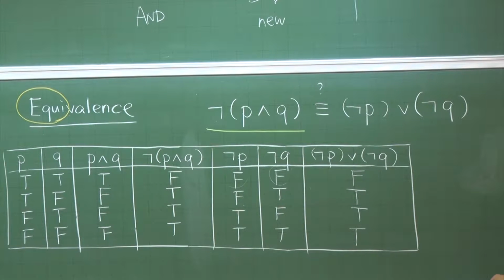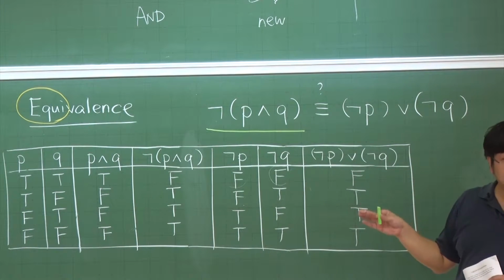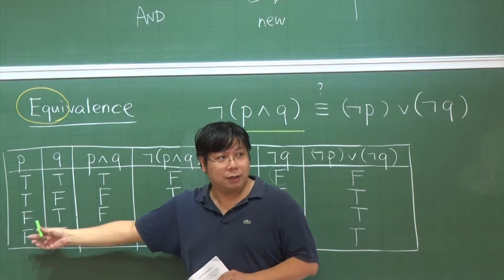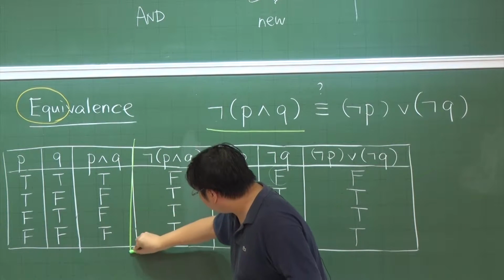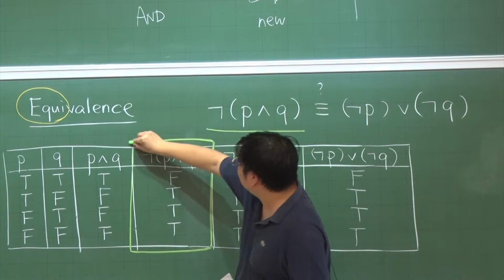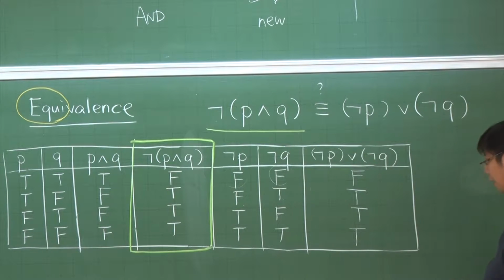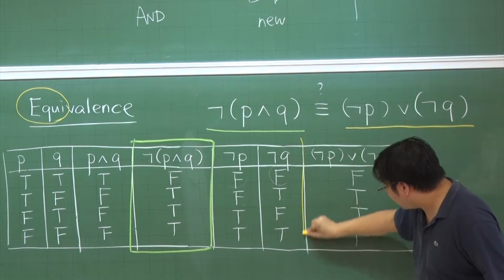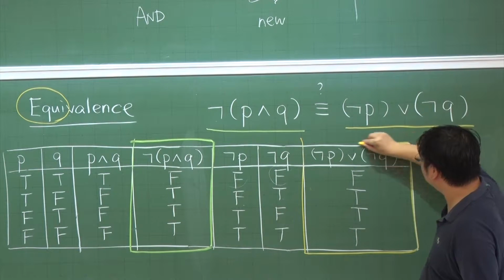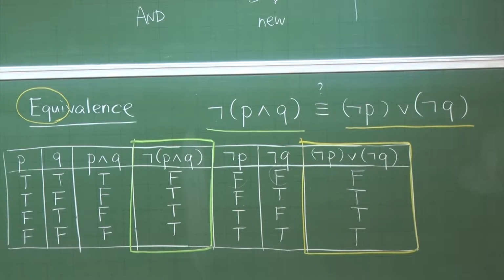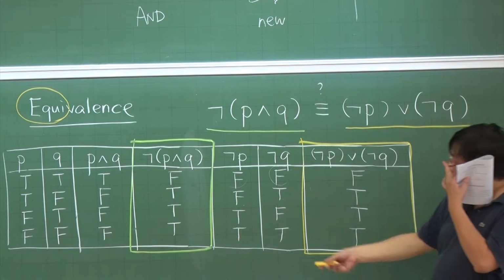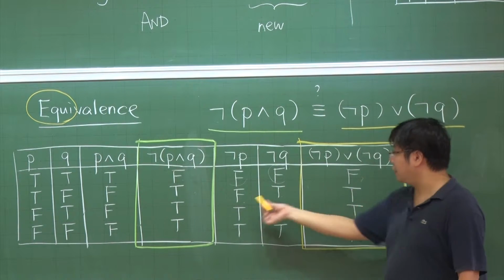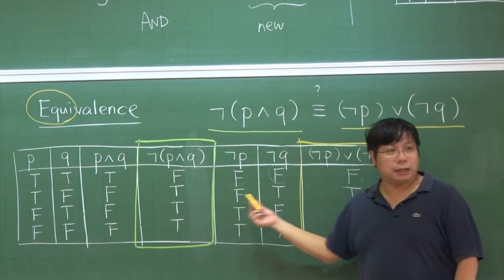Okay, now we have listed out. So we have used truth table to compute all the different cases, true, true, true, false, false, true, false, false, for P and Q. And then we get this column. This column corresponds to what happens on the left-hand side. And then this is the right-hand side equation. And this column corresponds to what is happening on the right-hand side. And then you see that whenever there is a false here, there is a false here. Whenever there is a true here, there is a true here. True will get true, true will get true.